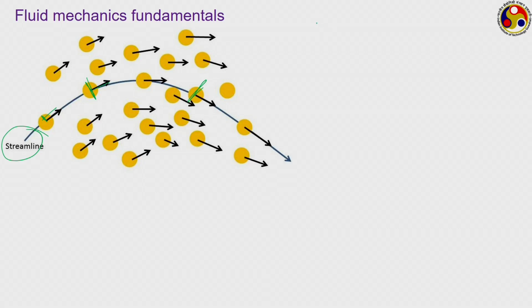Let us say V refers to the velocity vector in a flow stream, which, in a three-dimensional stream, can have three components. Let us say u, v and w are the three velocity components of this vector, and ds refers to an infinitesimally small displacement along the streamline, an infinitesimally small segment of the streamline.